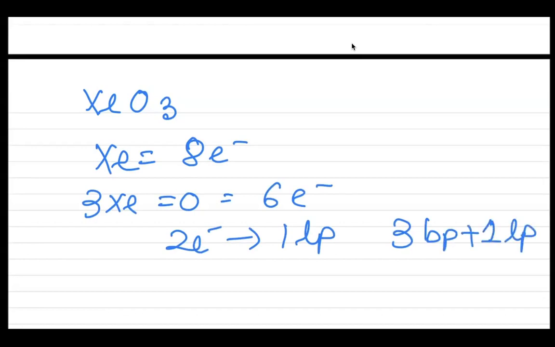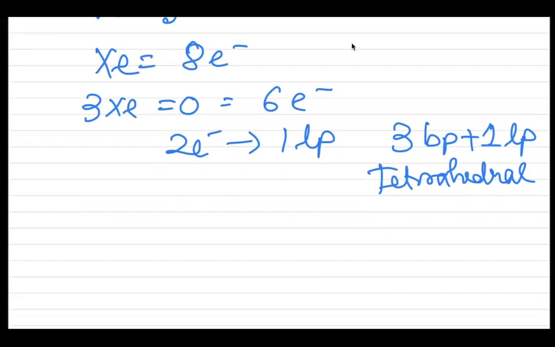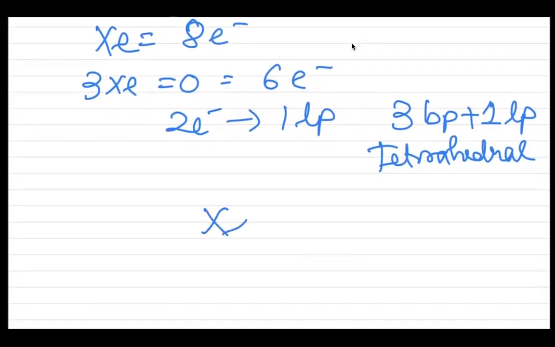What will be the geometry? Three bond pairs, one lone pair. Tetrahedral, yes. Now what will be the shape?